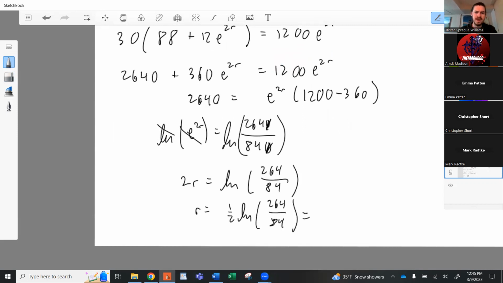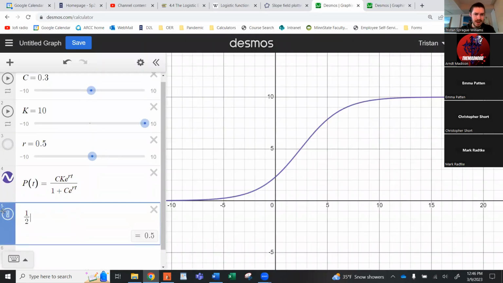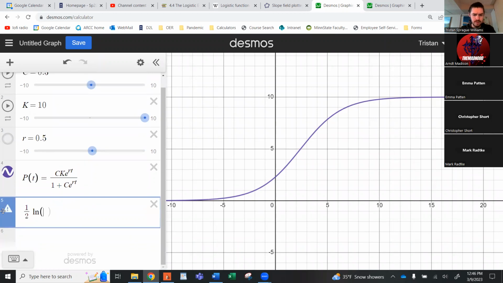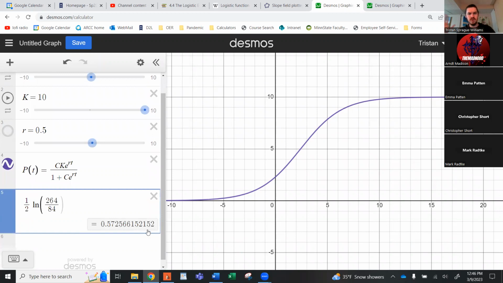So let's see what our growth rate is. A half times the natural log of 264 over 84. About 0.5725. I'm going to round this to 0.573.